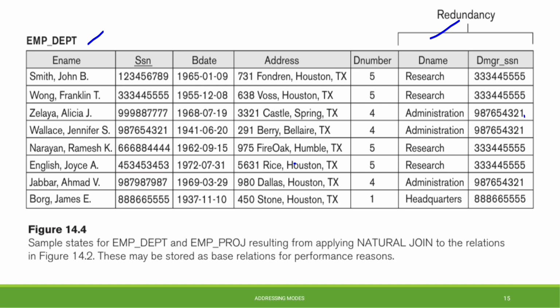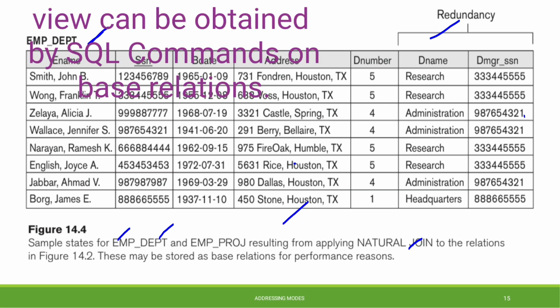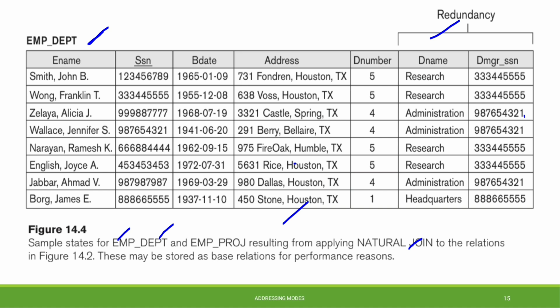Instead of that, the employee relation and department relation, which were free from redundancy problem, which were not violating guideline 1, are stored in that form onto the computer storage medium, and by combining the two relations, that is obtaining the natural join of those two relations, this EMP_DEPT is obtained only for view purpose, only for reference purpose, but this way it is not stored as a base relation onto the computer storage medium.